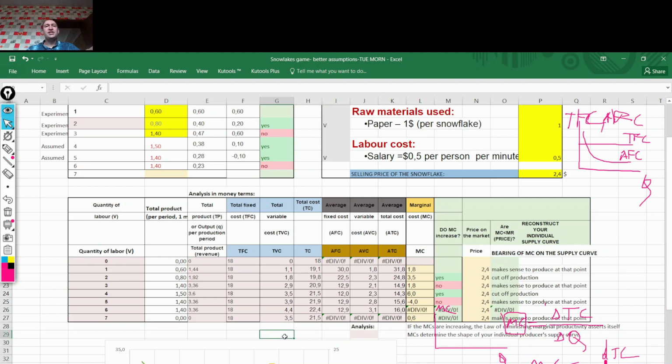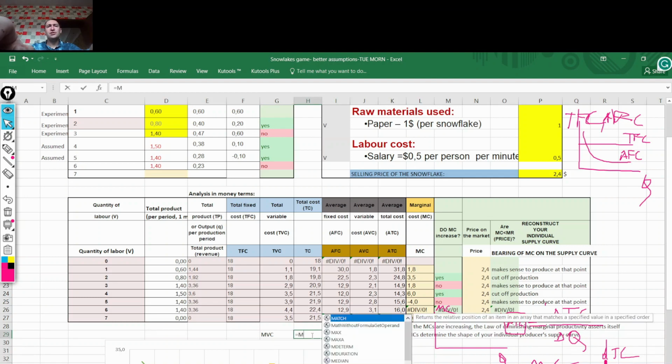There can be such a thing as a marginal variable cost, and because the total cost changes on account of the change in the total variable costs, we can just as well say that marginal variable costs are the same as the marginal total costs. Because they're the same, there's just one metric for the marginal costs, just the marginal costs.